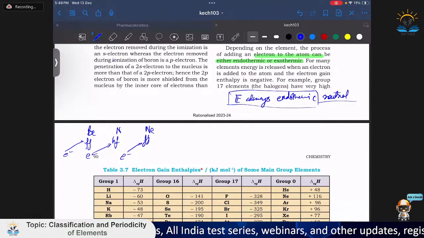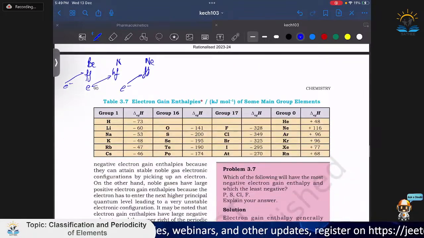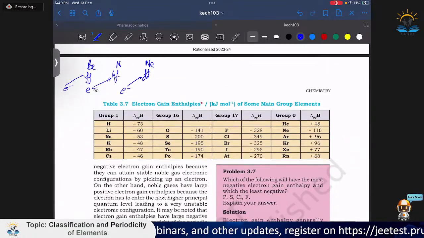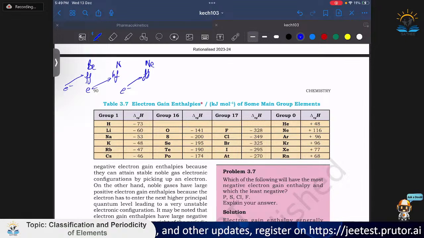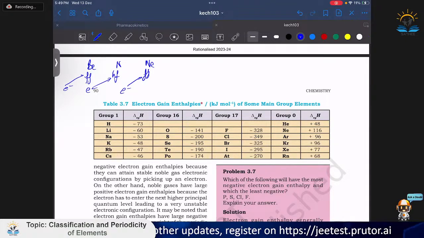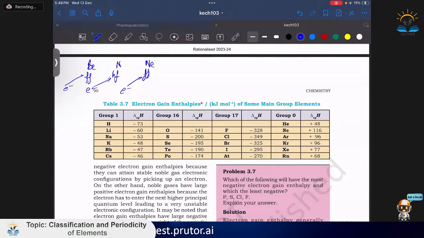I will tell you one thing about them: a fully filled and half filled configuration is really stable. They don't want to lose this stability. There are numerous reasons for why they are so stable. We'll not go into that, but just remember, symmetry is what nature loves. They are symmetrically filled, which gives them immense stability.